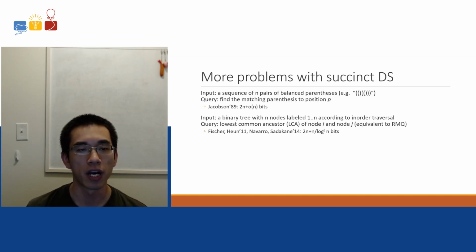Again, by calculating how many inputs there are, it turns out to be also the nth Catalan number. For this problem, we can also get space 2n plus little o of n, with little o of n being n over (log n)^t bits. This problem has applications to the LCP structures in suffix arrays, the longest common prefix structures.